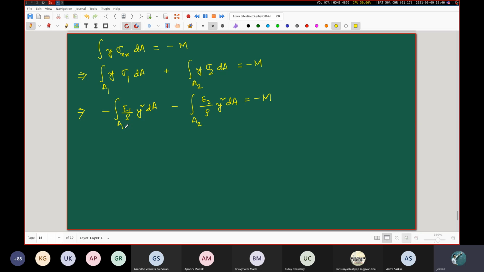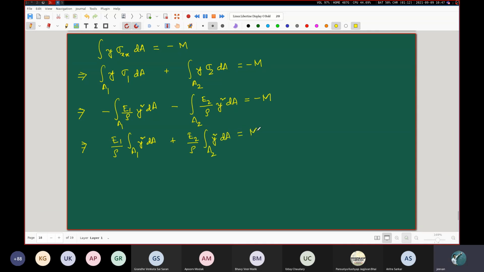And again, we fall back on the same kind of arguments that we had been discussing previously, that over this integration over the area of A1, E1 is a constant. Over this also E2 is a constant and rho is certainly a constant. So we may as well take this out. And please note that we have this minus, on the right hand side also there is a minus. So all of those cancel out. So this is E1 by rho, and we are left with this y square dA, plus E2 by rho, y square dA.